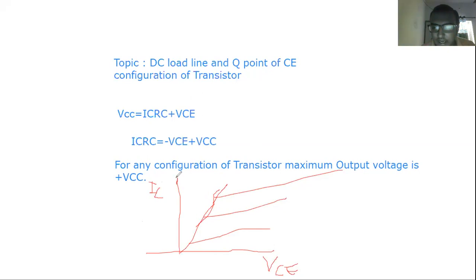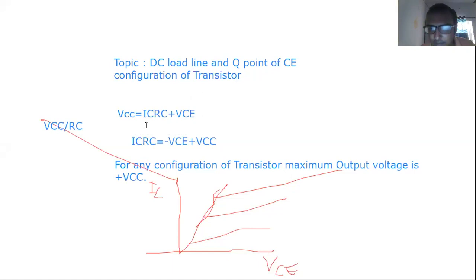So here we can get the point which is VCC divided by RC. We simply get the point if you make VCE equal to 0. Why VCE equal to 0? Because we want to determine the Y quantity, that's why it is known as a point.